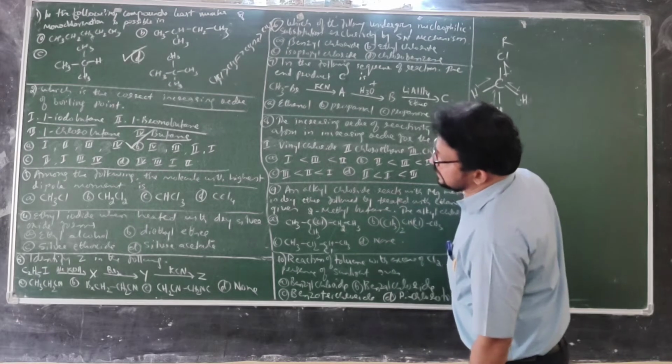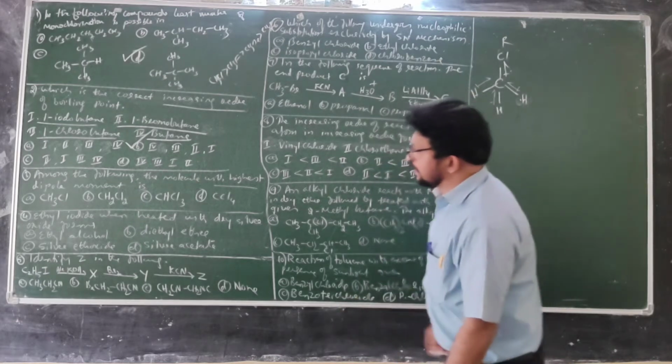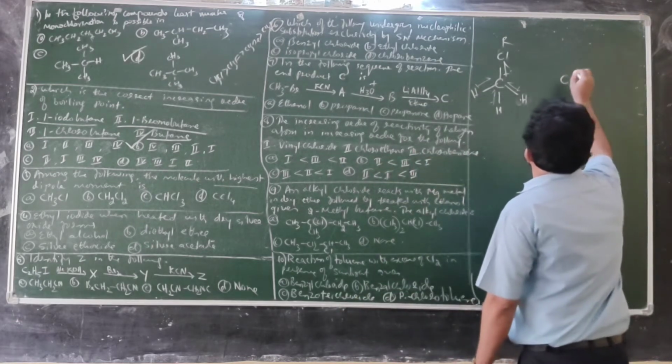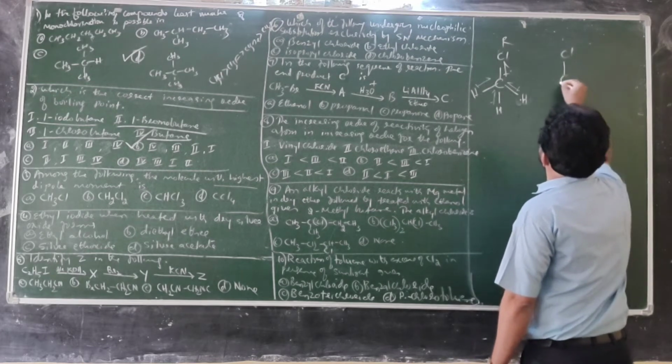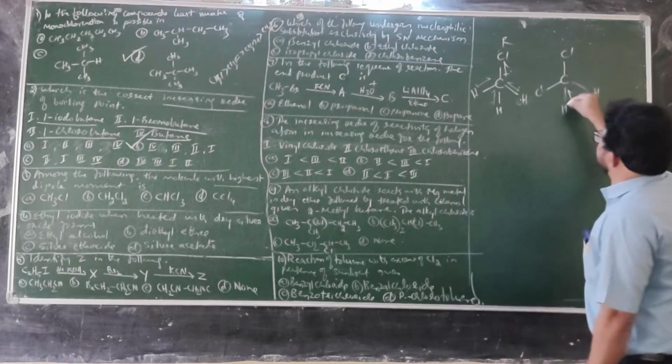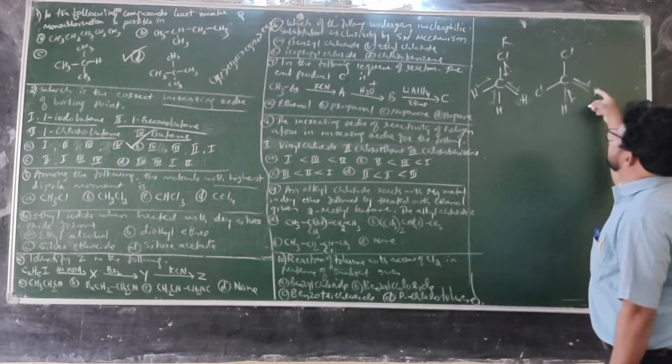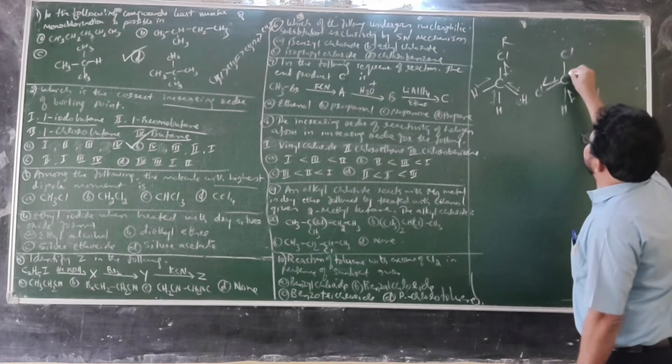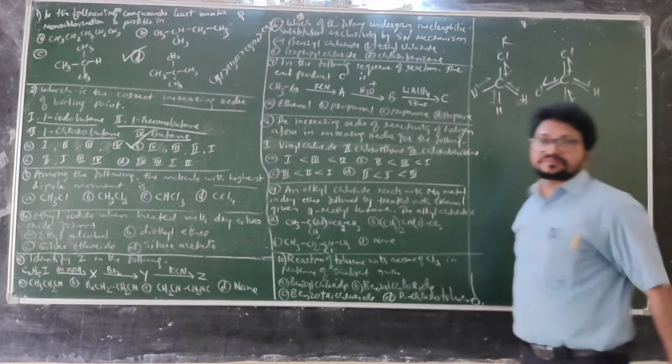But when you take the second option, dichloromethane, see what will happen? Cl, Cl, H, H. Now the vector addition of two CH bonds is substituted. See this?